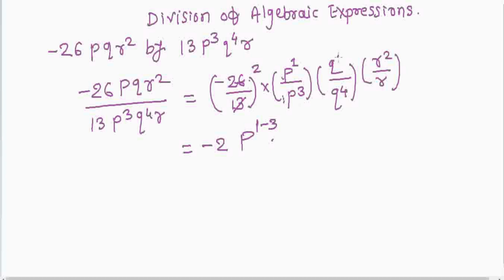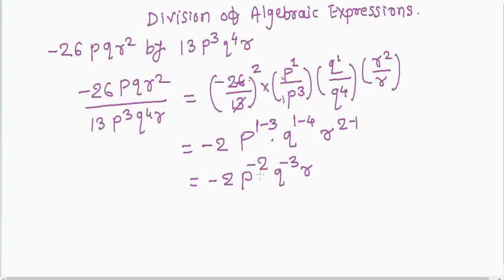Similarly the index of q is 1, then q raised to 1 minus 4, and r raised to 2 minus 1. Equal to minus 2 into p raised to 1 minus 3 into q raised to 1 minus 4 into r.